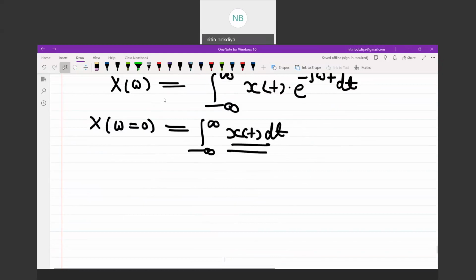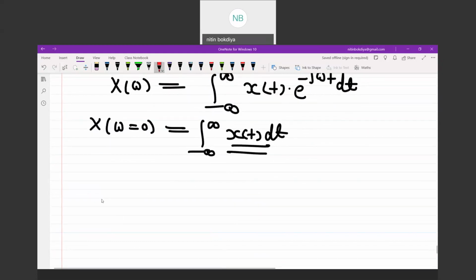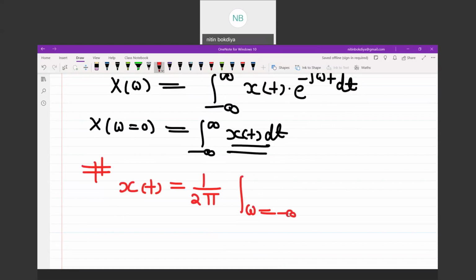This is the one. And another I can write: x of t is equivalent to 1 divided by 2 pi, omega equal to minus infinity to omega equal to infinity, x of omega into e to the power j omega t into d of omega.